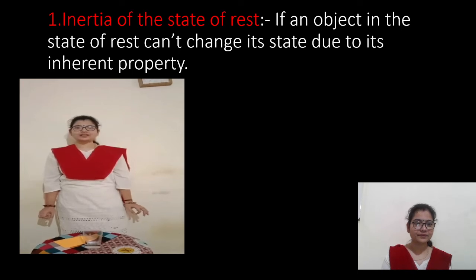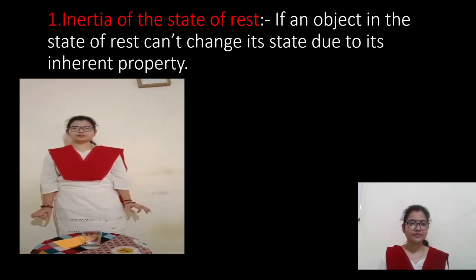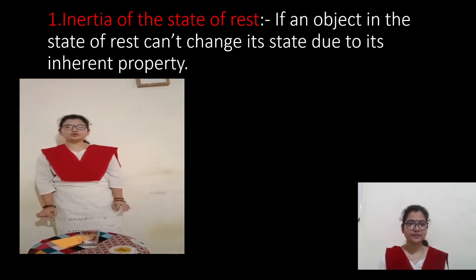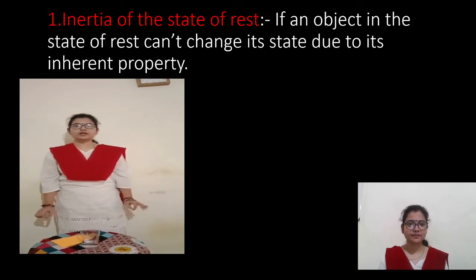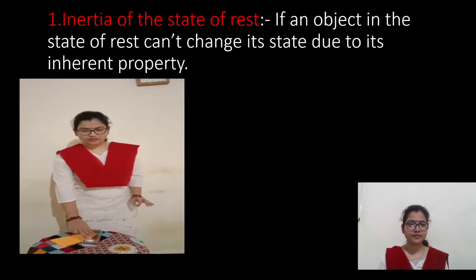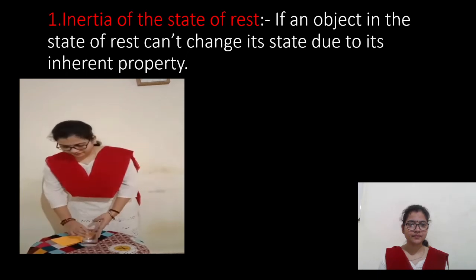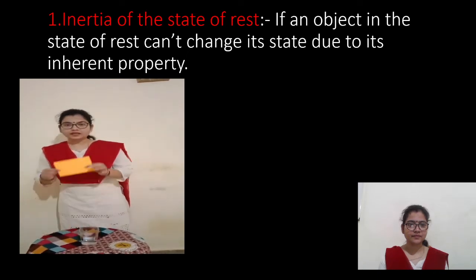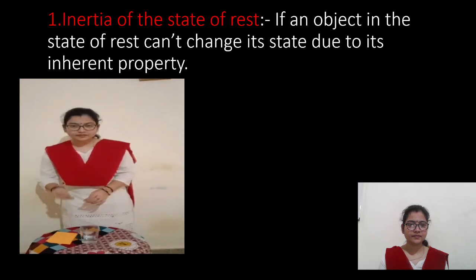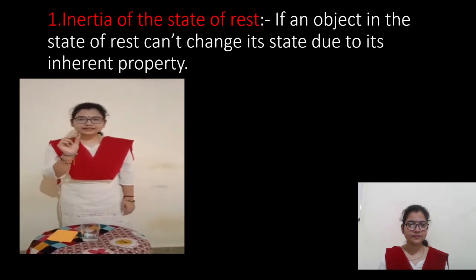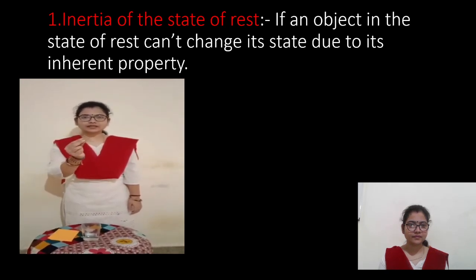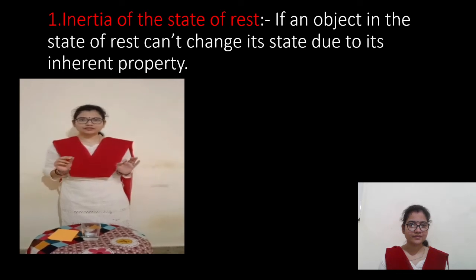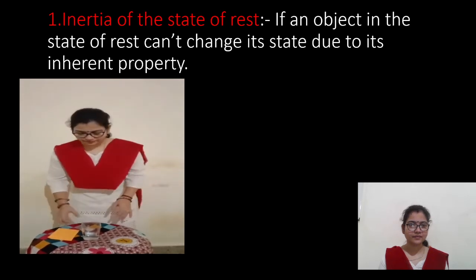Okay, students. Now we are going to perform an activity to show inertia of rest. For this activity, we will need a glass, a cardboard, and a coin. I have taken a 5 rupees coin. You may take any coin which you have.